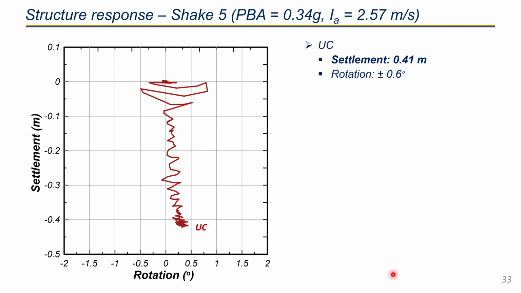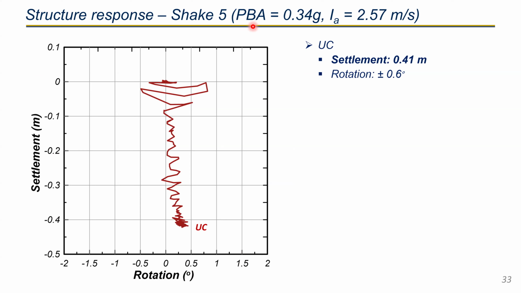And here are the structure behaviors from Shake 5. Here I plotted the structure settlement on the y-axis and structure rotation angles on the x-axis. Shake 5, which has the PBA of 0.34 g, was above the structure rocking acceleration.